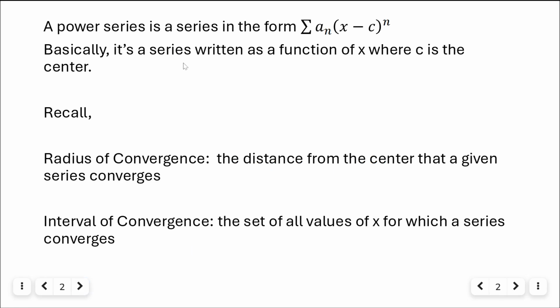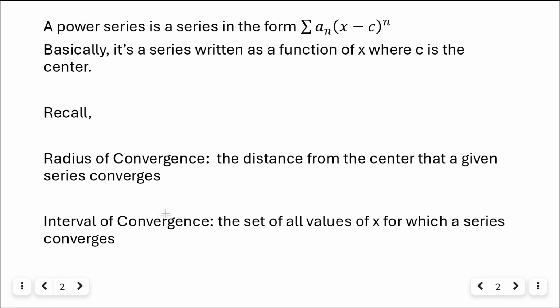So again, a power series is a series in the form the sum of a sub n times x minus c to the n power. And again, it's a series written as a function of x where c is the center. So here are two important definitions. The radius of convergence we looked at in the last video. The radius of convergence is the distance from the center that a given series converges.